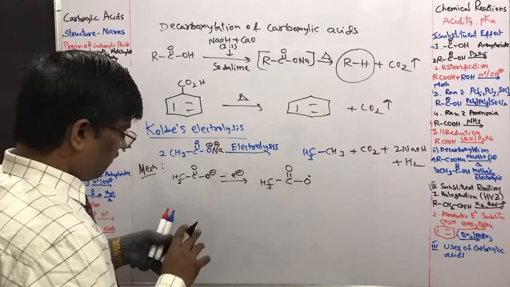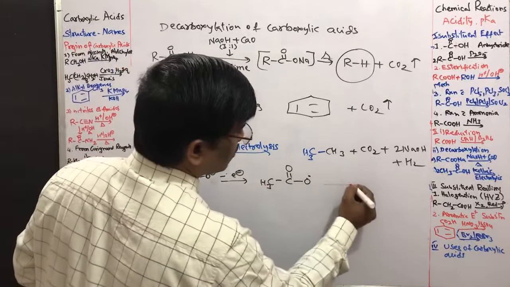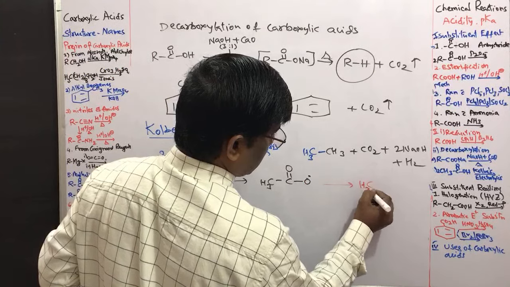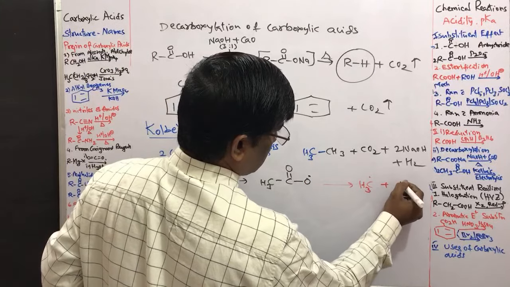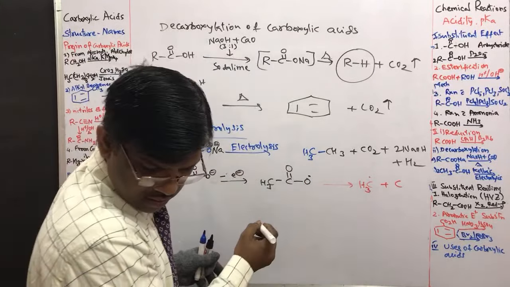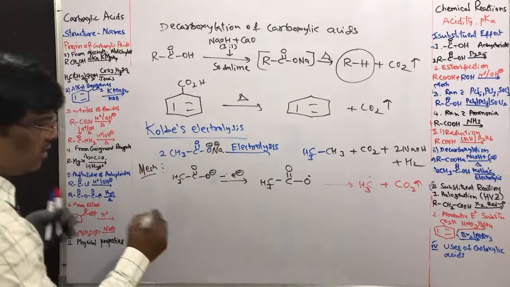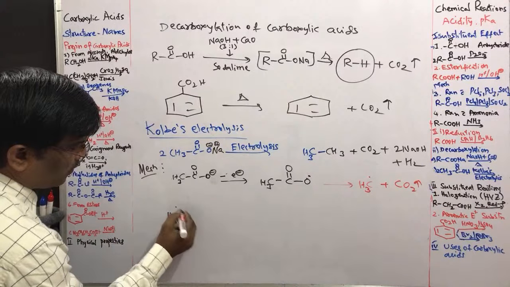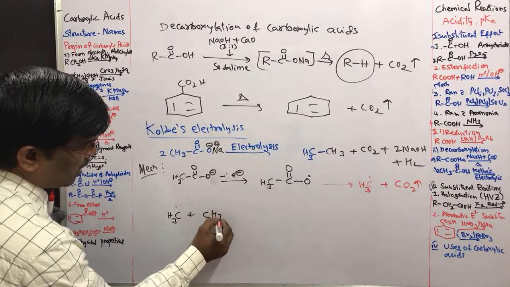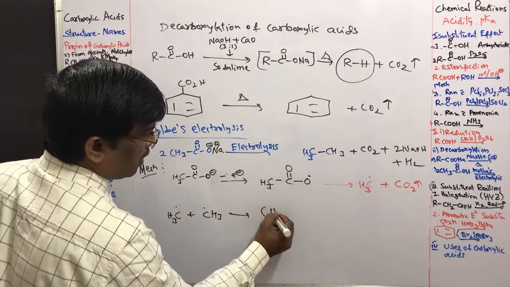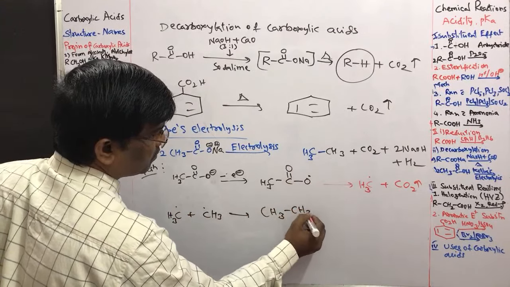This free radical in the next step is going to form methyl radical plus carbon dioxide. This methyl free radical plus another methyl free radical is going to form ethane.